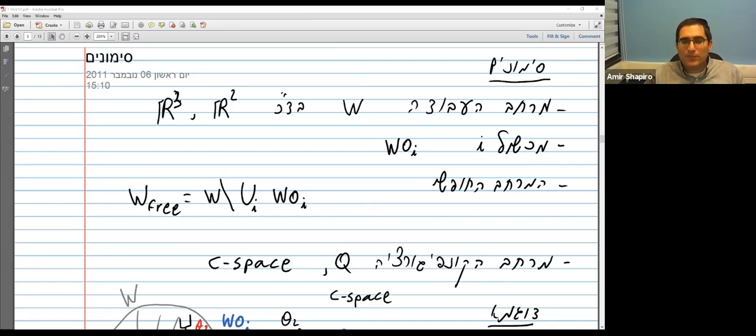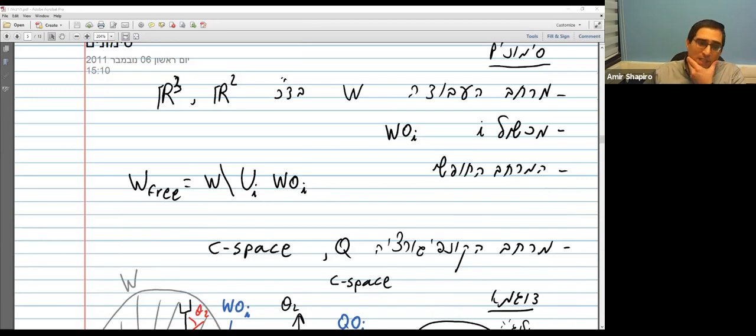The notation for them is WO_i, the workspace obstacles, where i is the i-th obstacle. And the free space, W_free, is the workspace W not including all the obstacles. So we unite all the obstacles, and we take the workspace minus these obstacles. This is the free space.